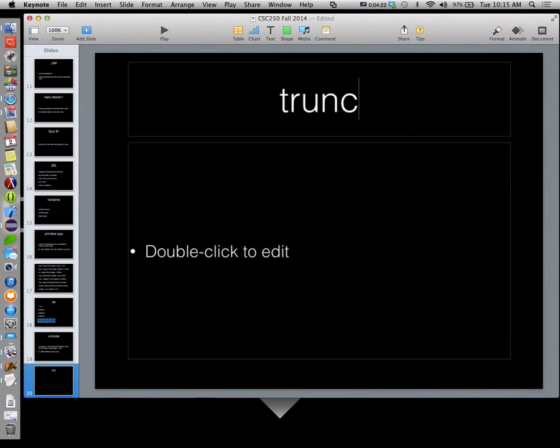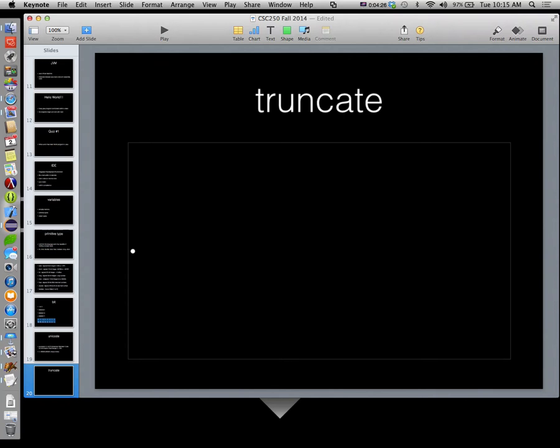They do something called truncate. So if I tried to stick the value 3.14 into an integer, what value would it actually hold? 3. What if I tried to put the number 3.94 into an integer?